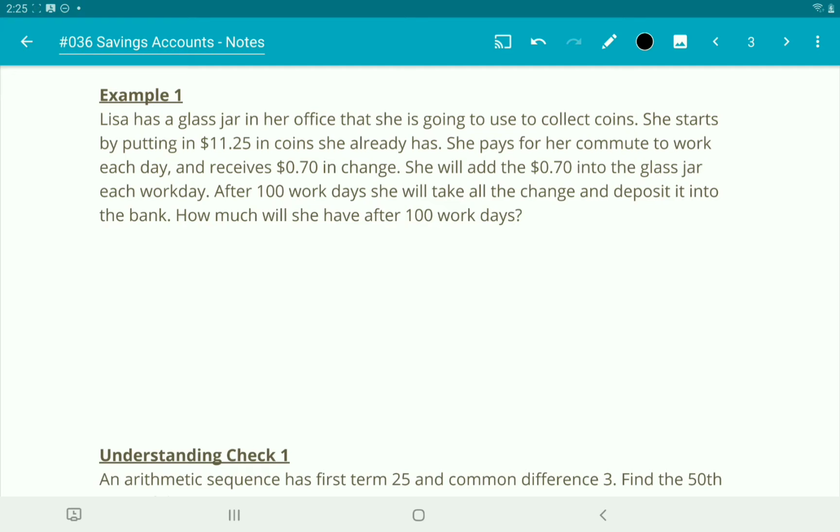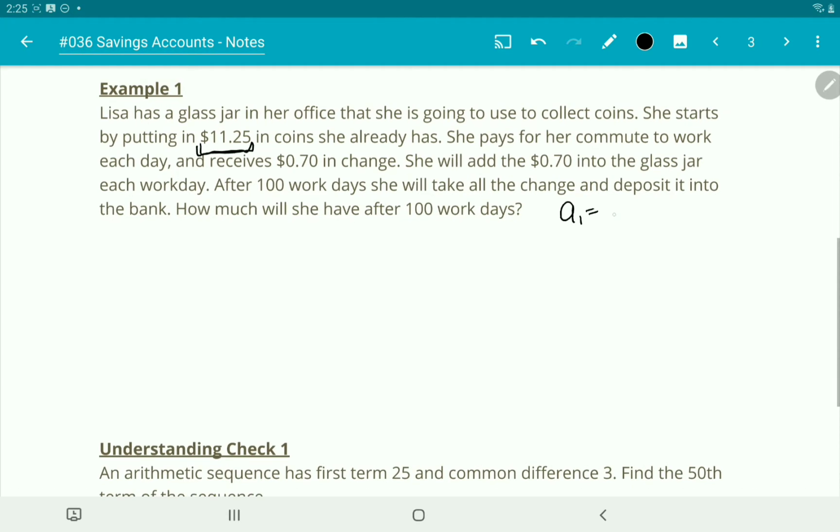So she started out with 11.25. Okay? So this A1 is whatever you start out with. So we have 11.25. A1 is always going to be whatever you start out with in the problem. N is going to be the number of days or whatever you're looking at.